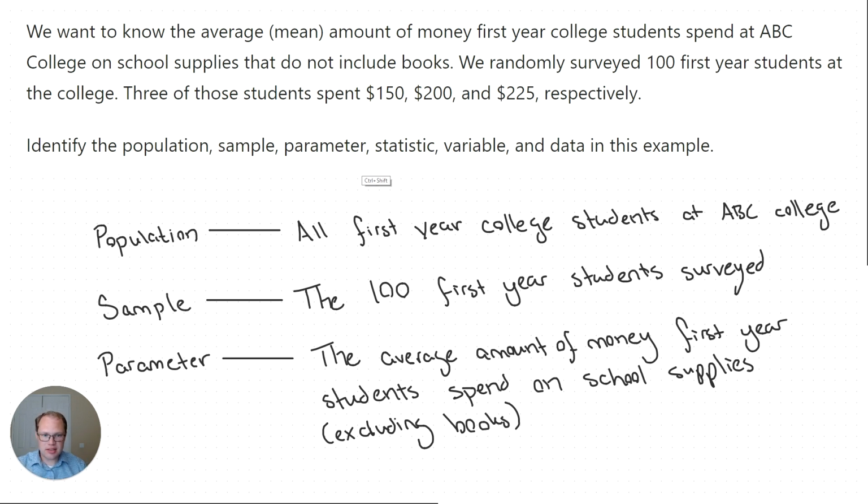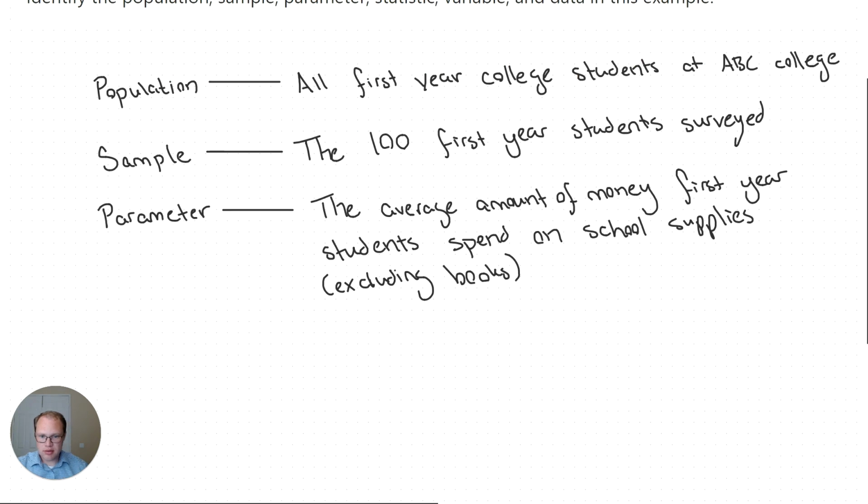Next, let's find the statistic. The statistic is an estimate of the parameter, but for the sample. It measures the same thing, but in the sample. So since the parameter is the average amount of money for the entire population, the statistic is the average amount of money for the sample.